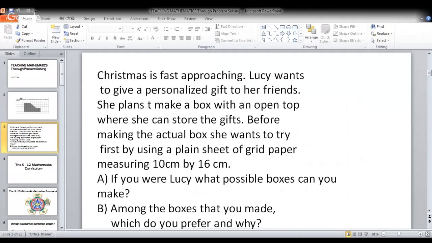Thank you for that. So everyone, we'll move on to the next. This problem, I use when I teach algebraic expressions in grade 7. When I was still teaching in high school, I've been using this problem.